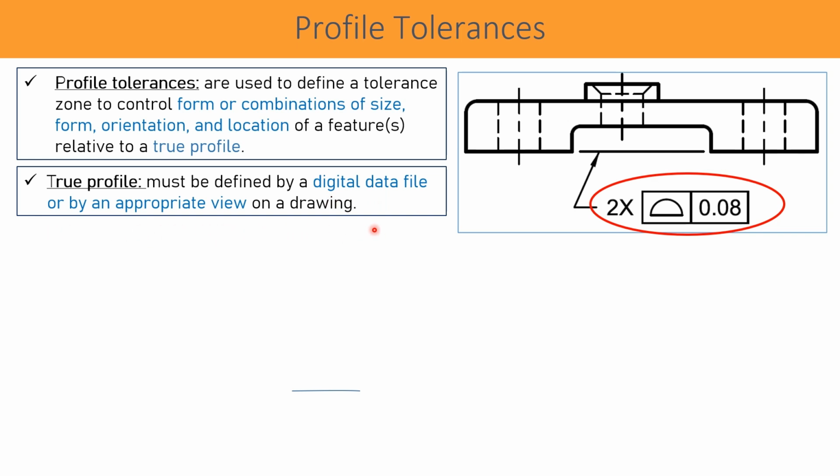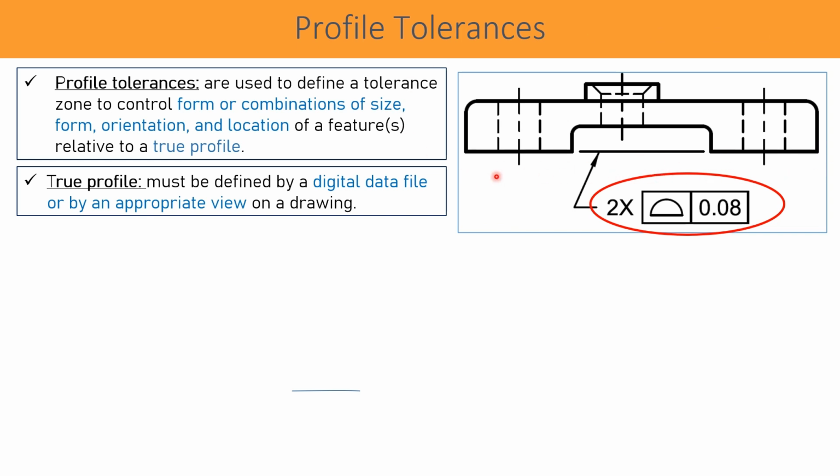In the given condition, true profile is a flat surface with zero offset between them. True profile is also called a nominal profile. The nominal data can be in the form of a digital model, like a CAD model, or as appropriately defined by the drawing view.